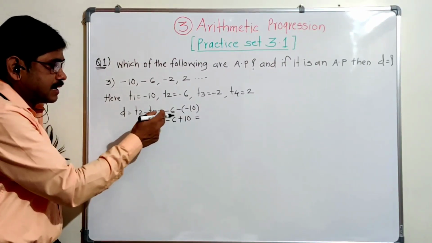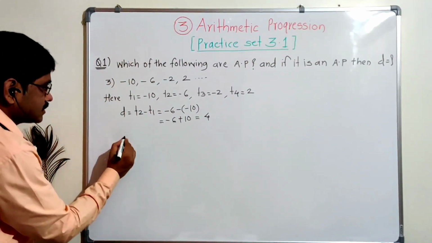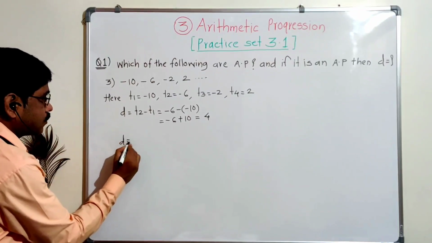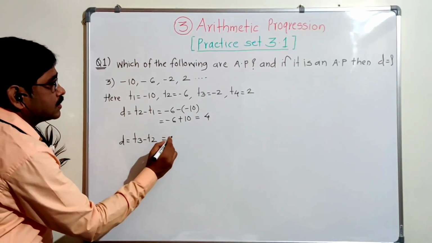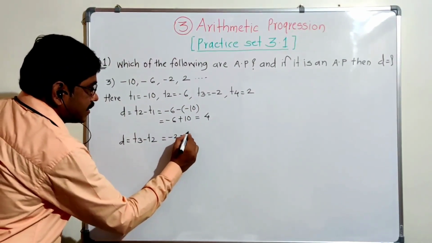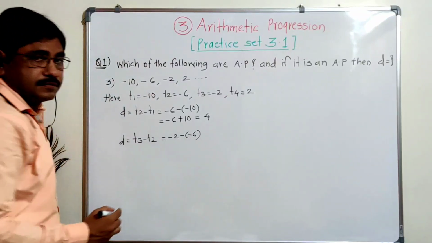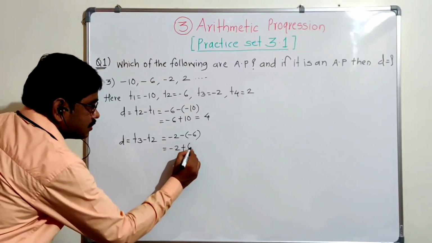So here we get 10 minus 6 is plus 4. This is the difference. Second difference, D is equal to T3 minus T2, that means minus 2 and minus 6. So here we get again minus 2 minus minus 6, plus 6.